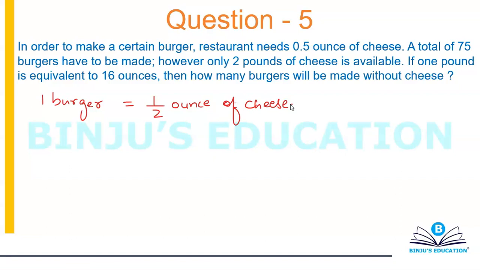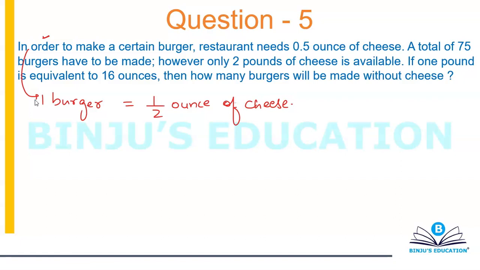It's going to always help you, because with statements you have to read the entire information again and again. With mathematical expressions or equations, it's easier because in one go you can understand what exactly it says. So I don't have to read this line again. I have decoded this line in this form, that is, one burger is half ounce of cheese. That's the only relevant information that I have.